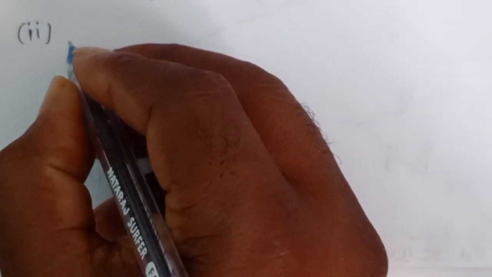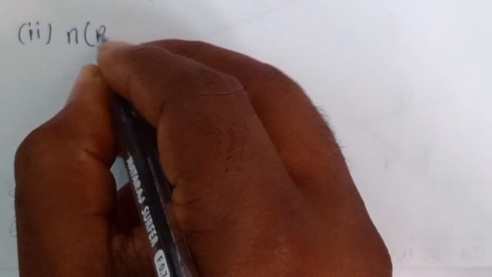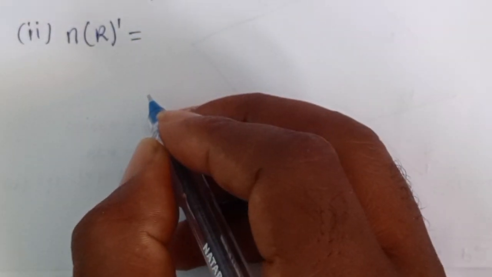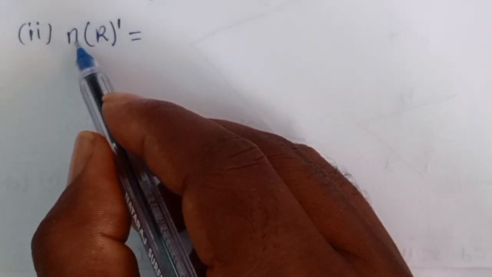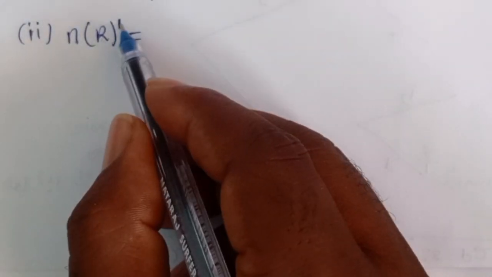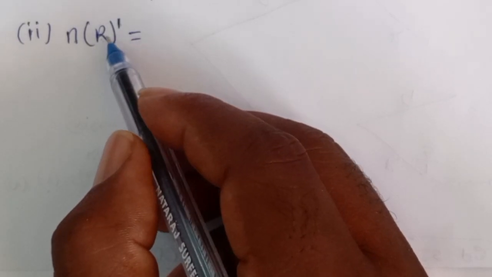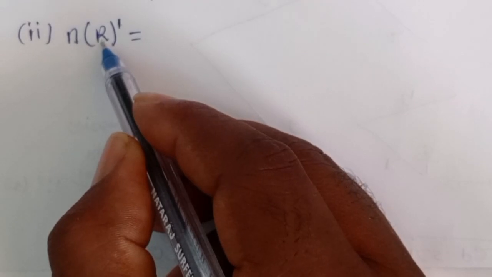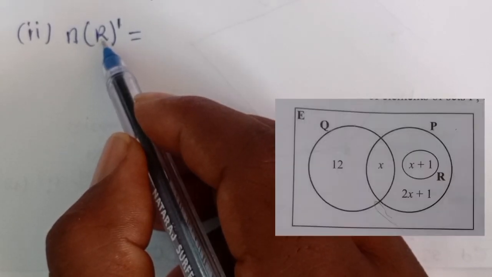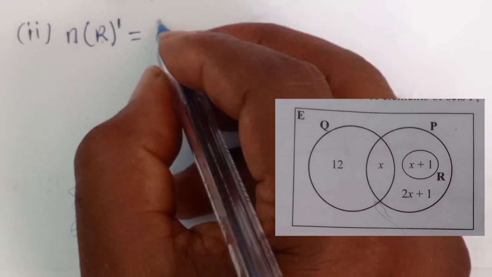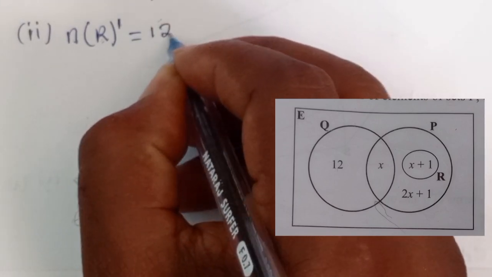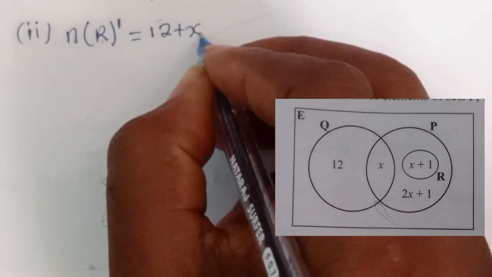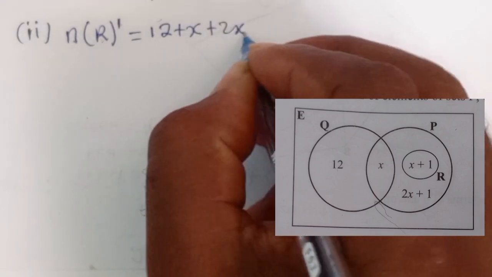So part 2. The number of elements that are not in R. n(R complement) means the number of elements that are not in R. So the number of elements that are not in R, we have 12, we have X, we have 2X plus 1.